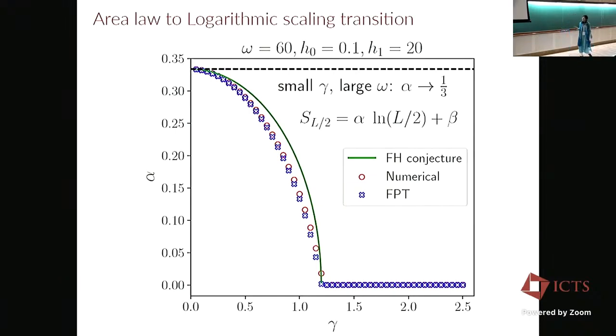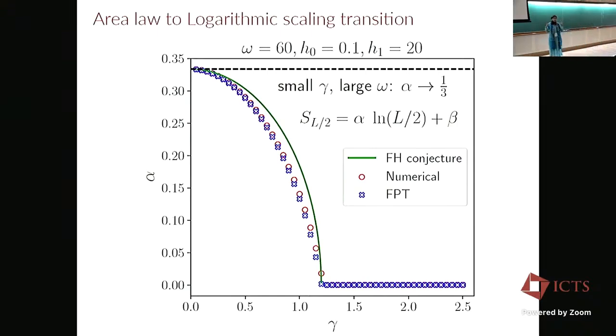So now the question we would ask from here is, if we lower our frequency, what kind of entanglement transition can we see? Can we get a much richer structure of the entanglement phase diagram in the plane of dissipation and frequency, because now frequency is a tuning parameter? And the second question is, suppose you lower your frequency.